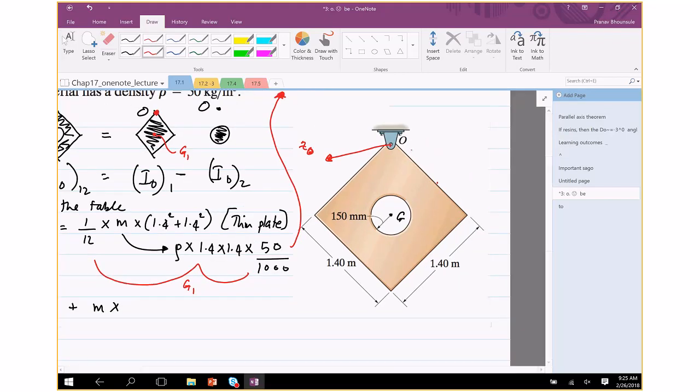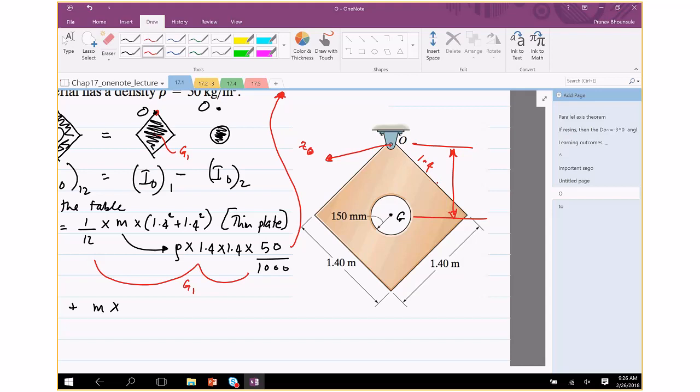I need to find this distance. So what's that distance? Yeah, so this is 1.4. If that is 1.4, then the diagonal is going to be 1.4 squared plus 1.4 squared by Pythagoras theorem.